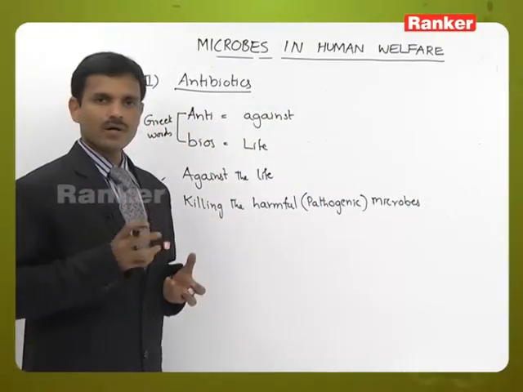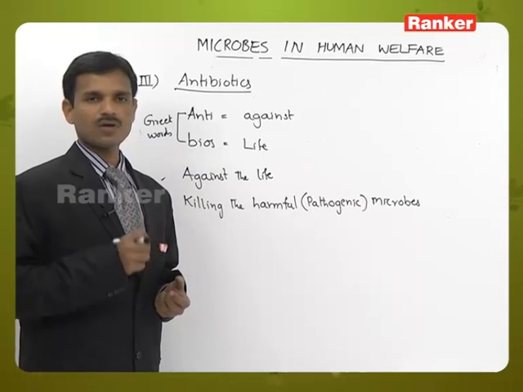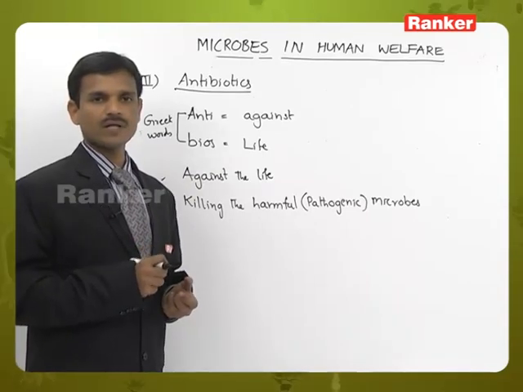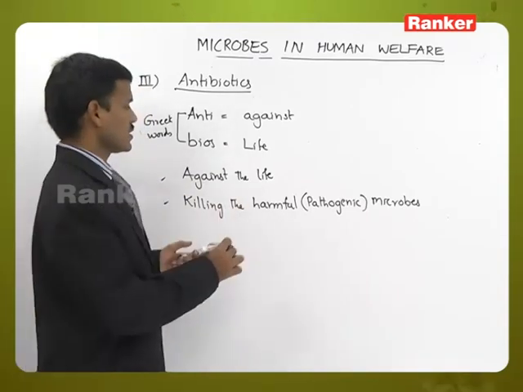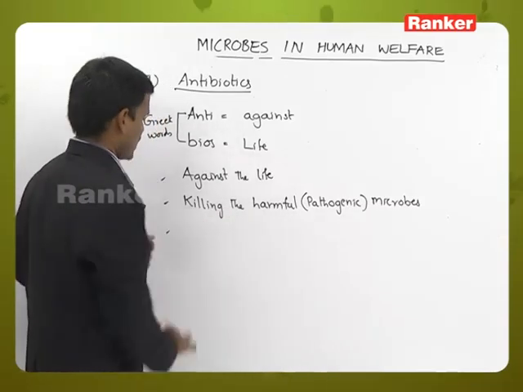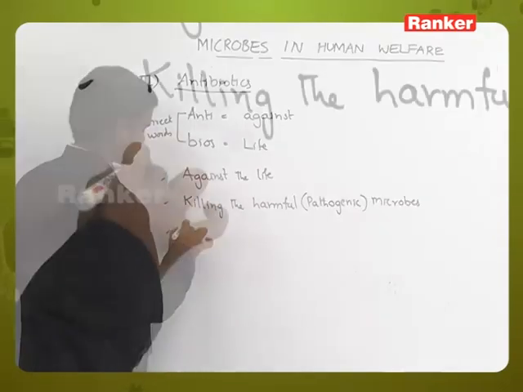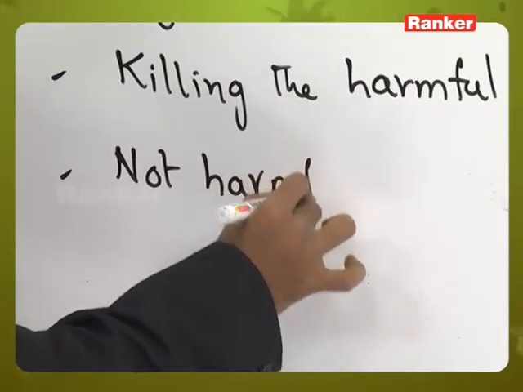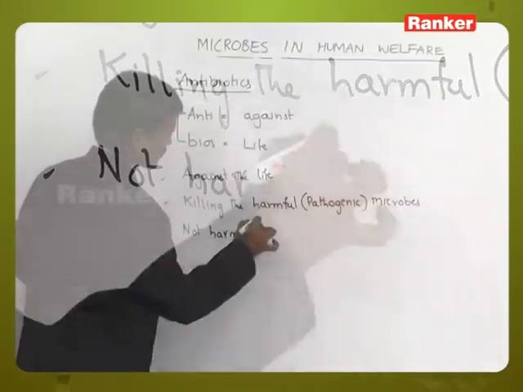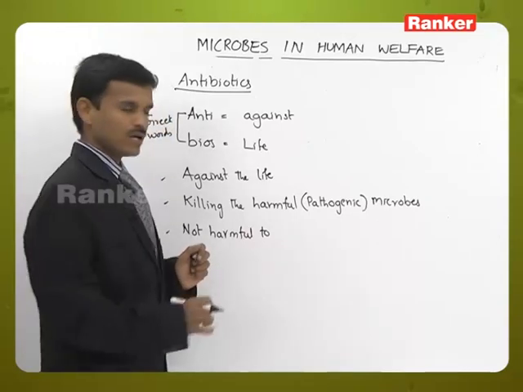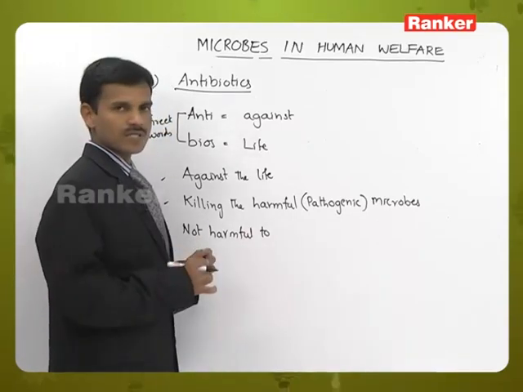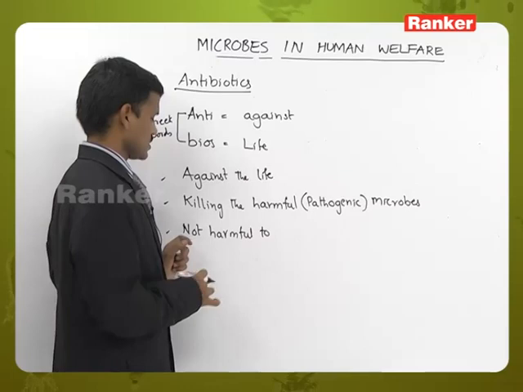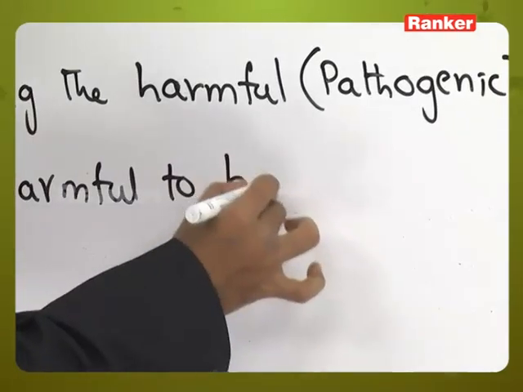So some microbes are targeted. These targeted harmful pathogenic organisms are killed by these antibiotics. They are not harmful to human beings or non-targeted animals, non-targeted organisms, not harmful to the host.